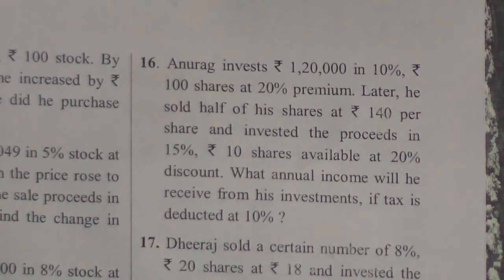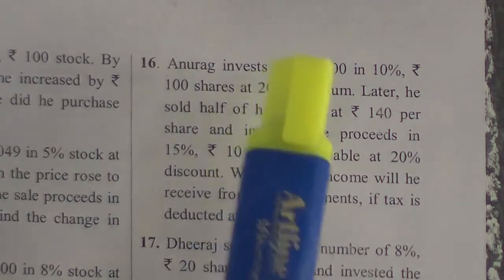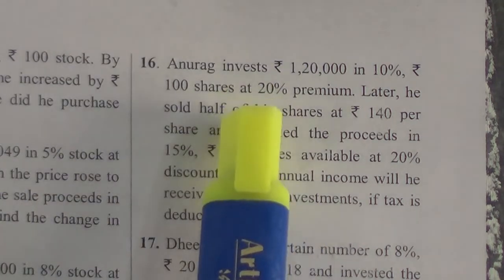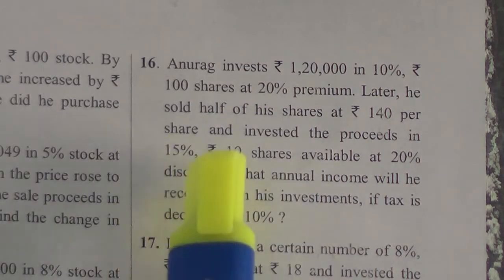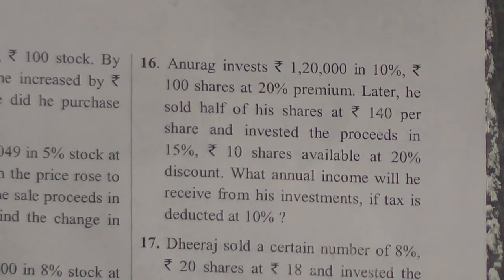So see here, he had invested 1,20,000 rupees and purchased some shares, but later on he sold half of the shares. So we must first calculate how many shares he had purchased in the beginning.